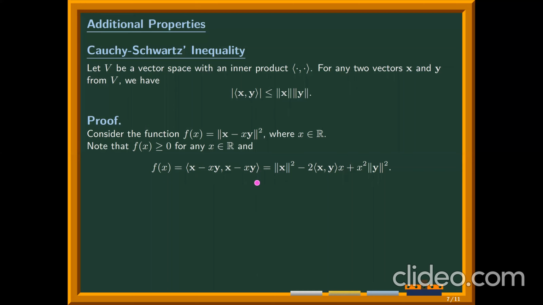That's equal to negative t times the inner product of x and y. The same value is obtained when you take the inner product of negative t y with x. So those two inner products give this middle term, negative 2 times the inner product of x and y times t. Finally, the last term is obtained by taking the inner product of negative t y with negative t y. So that's equal to t squared times the square of the magnitude of y.